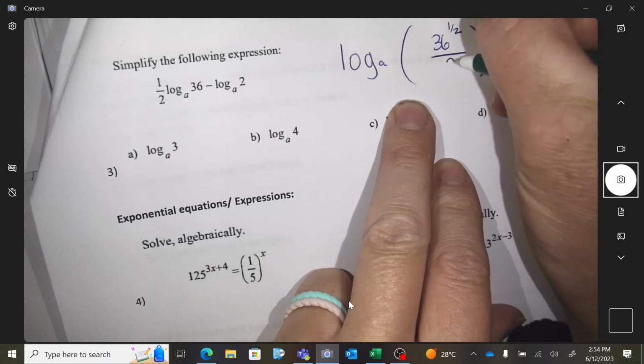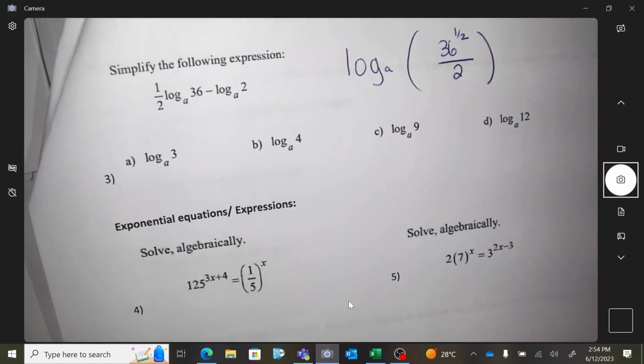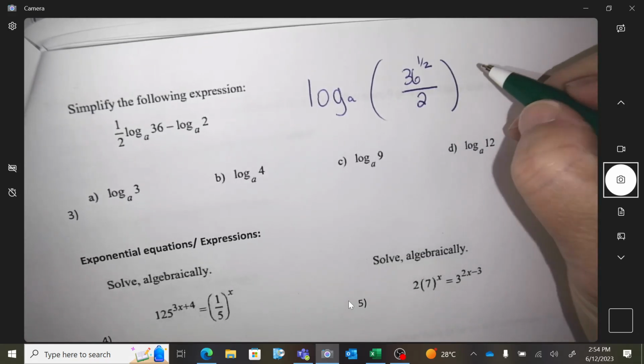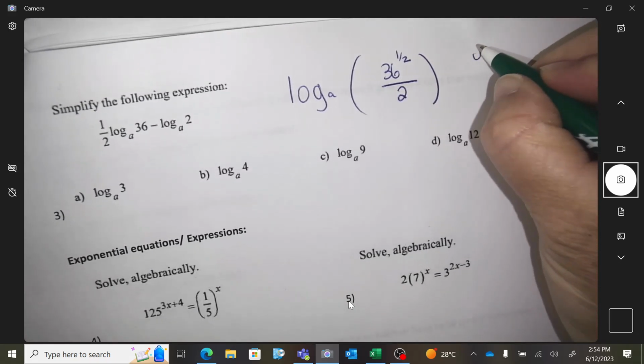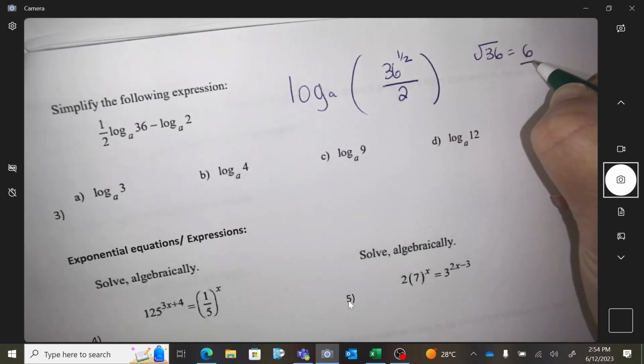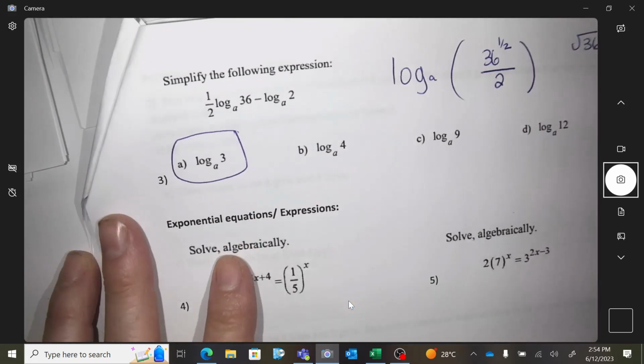The subtraction divides. Okay, and then it's just a number. So 36 to the 1/2 is the same as the square root of 36, which is 6, divided by 2, which is 3.